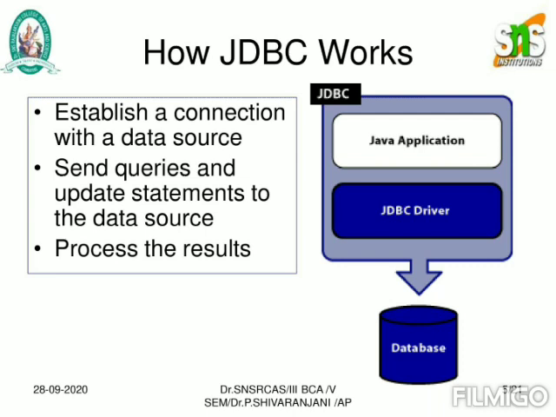You have a JDBC application, that is your Java application. With the help of the JDBC driver, the front end can communicate with the back end, that is your database. JDBC establishes a connection with the help of a data source, and queries and update statements can be sent to update your data source, and it will produce the results.